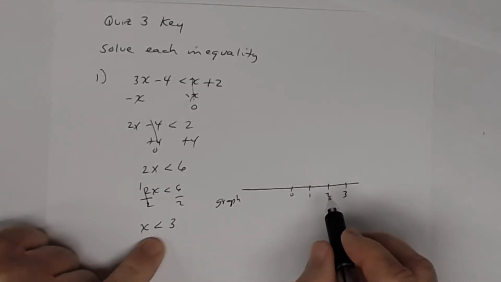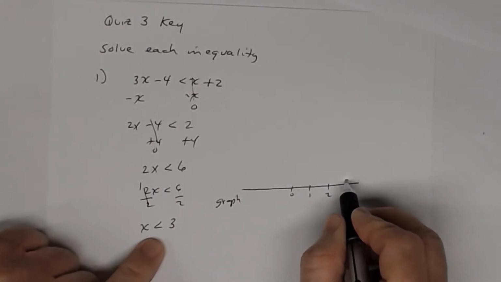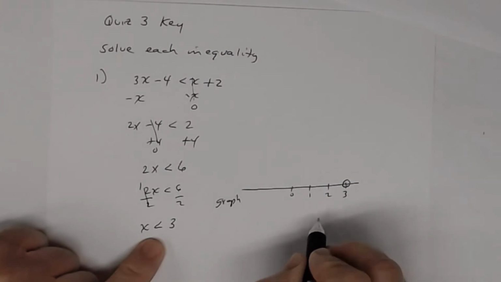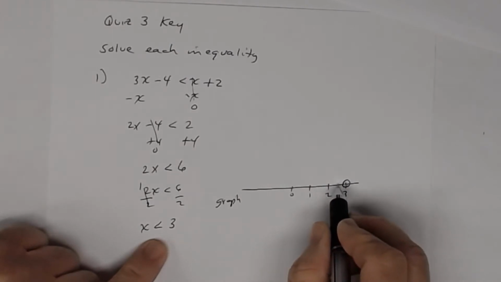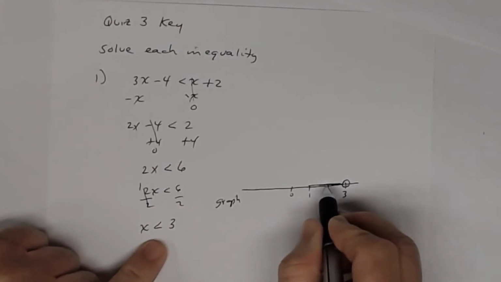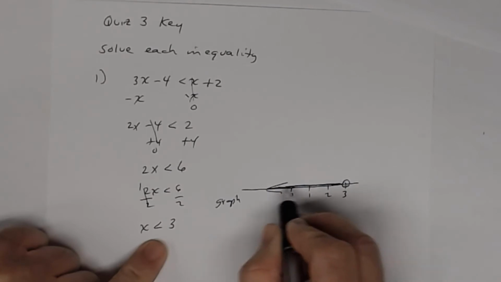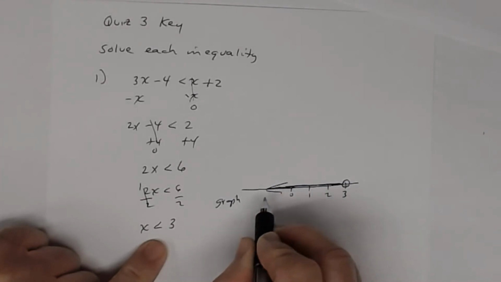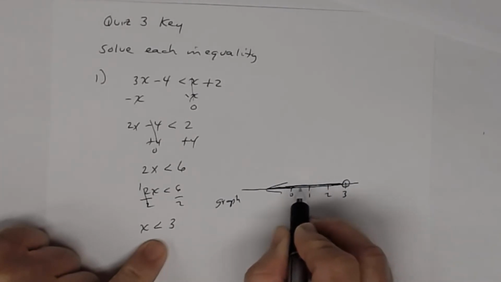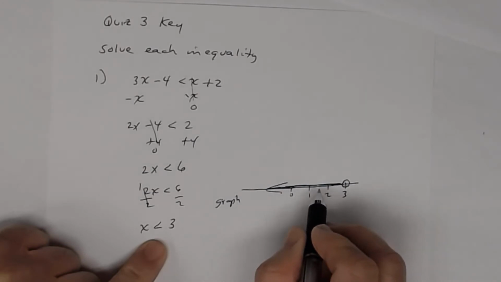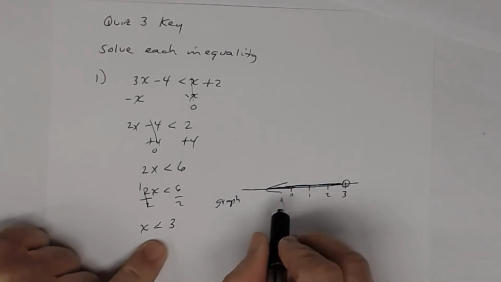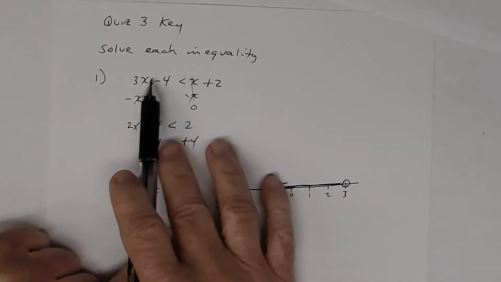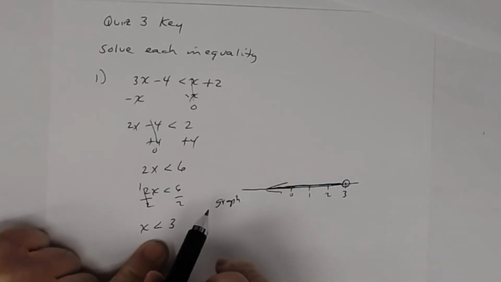So since there's no equal sign, you're going to put an open circle on 3, just like this, and then you want to shade in every real number that's to the left of it. All these real numbers shaded, both rational and irrational numbers, will be a solution to the original inequality statement.